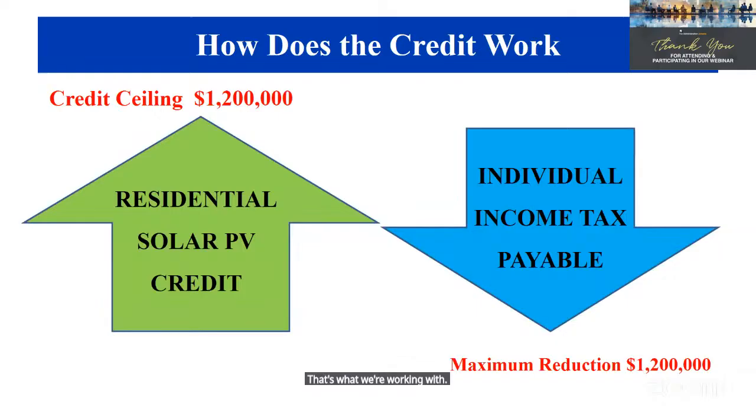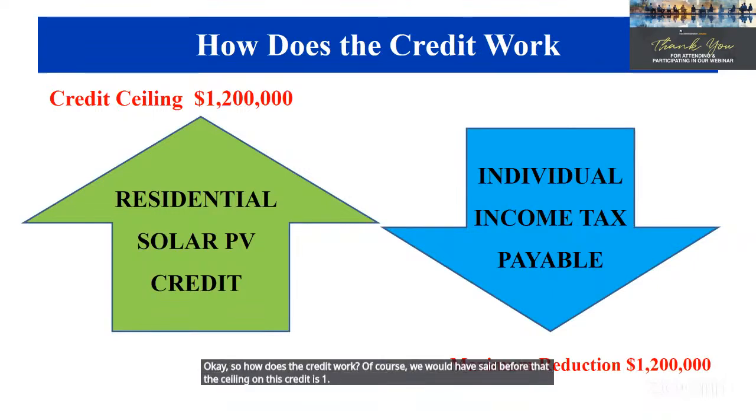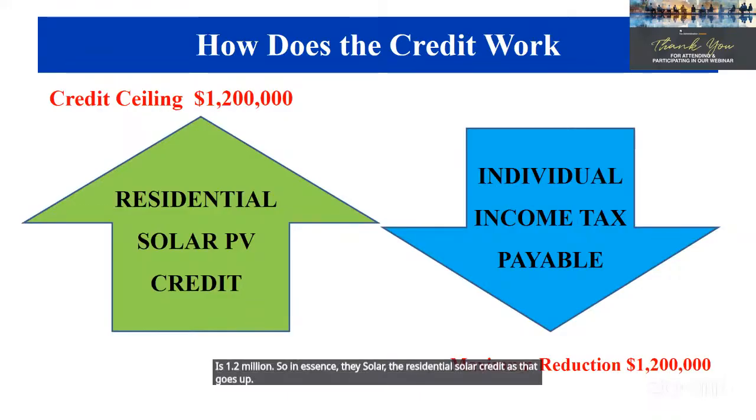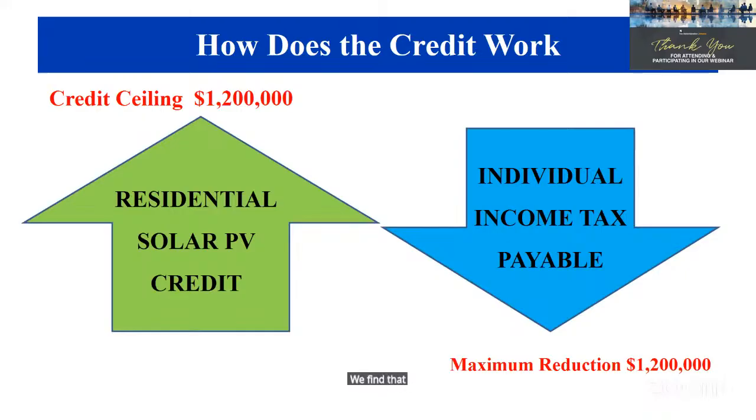Okay, so how does the credit work? Of course, we would have said before that the ceiling on this credit is $1.2 million because the cap on the expenditure is $4 million and 30% of $4 million is $1.2 million. So in essence, as the residential solar credit goes up, we find that our income tax payable goes down. Now, why is that so?